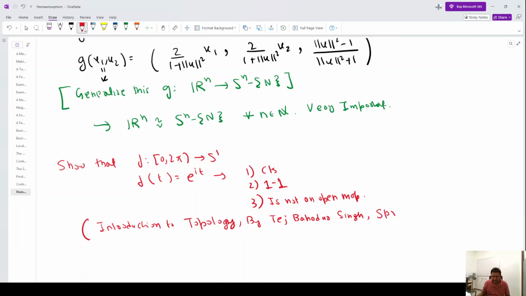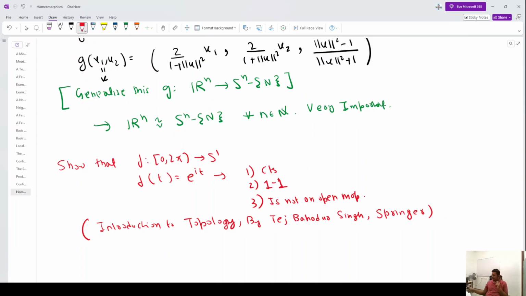It's Springer, or your standard Munkres. So in the next session, I have to think what I'm planning to discuss. Maybe we will discuss connectedness and then compactness and all, because there are many more things. Maybe we will start with connectedness. I will stop here with the example.